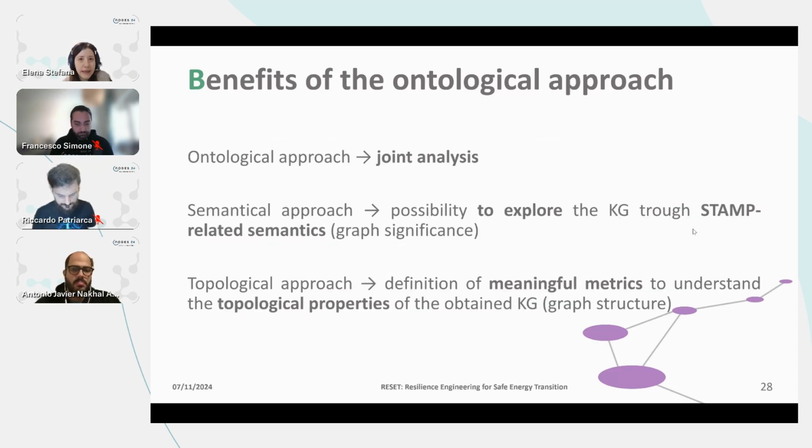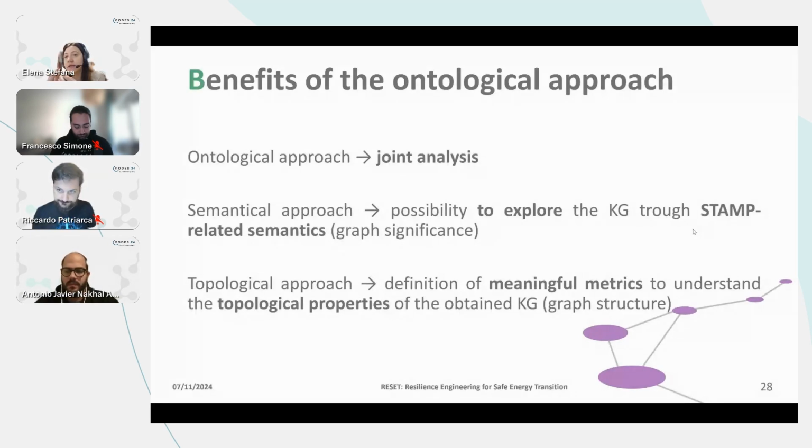Next slide, please. By means of an ontology, we could perform a joint analysis, in the sense that we could employ a semantical approach, exploring the knowledge graph through STAMP-related semantics.